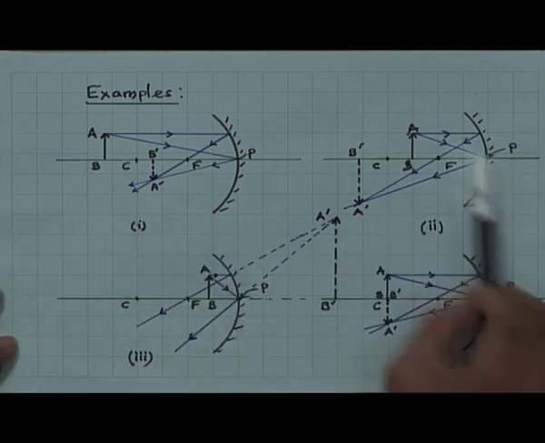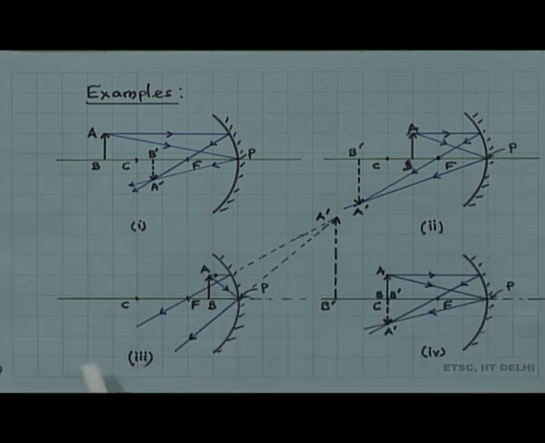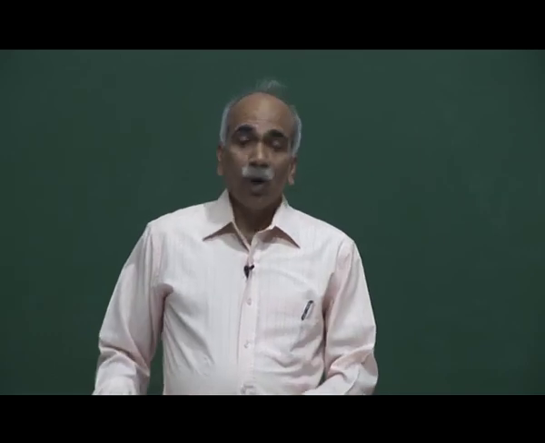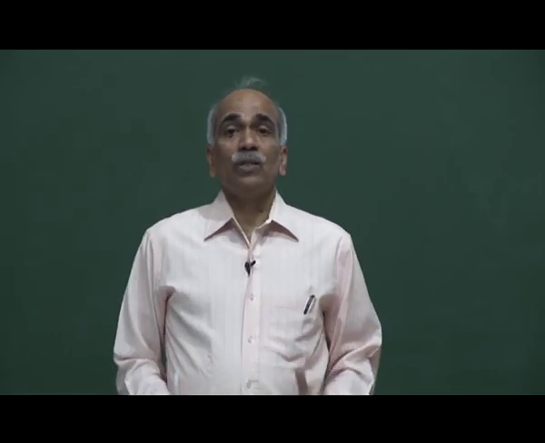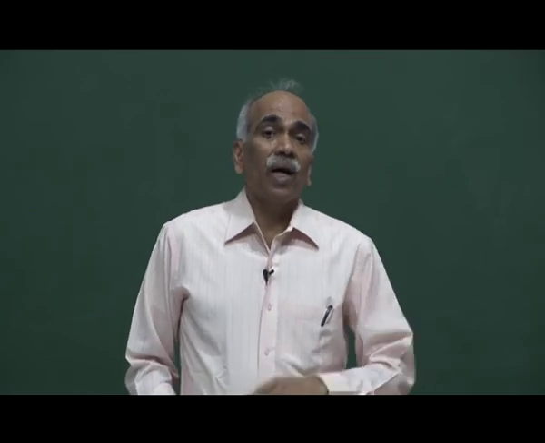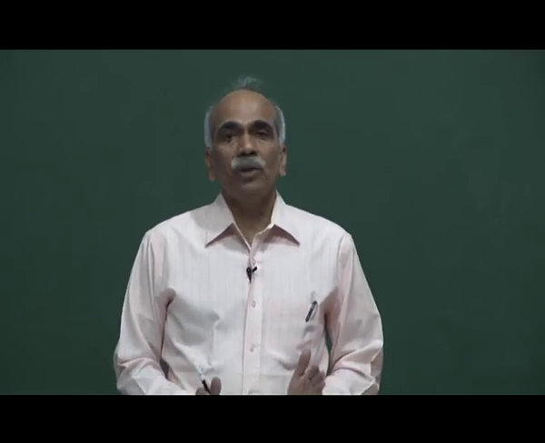All of this is obtained purely by geometry, but from the numerical example we get the same, and therefore, geometry is fine. Geometry is good to give you an idea, when the numbers are given, of where you are likely to get the image. It will tell you immediately.